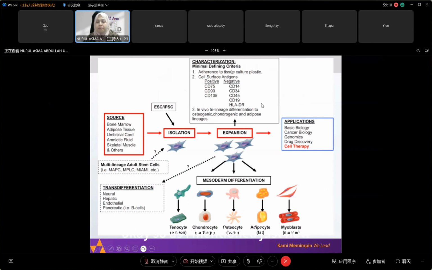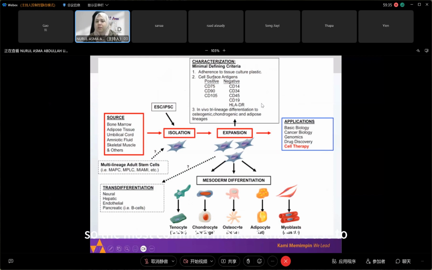Okay, so as I mentioned just now, when we do the characterization, most of the time we go for the stem cell markers.